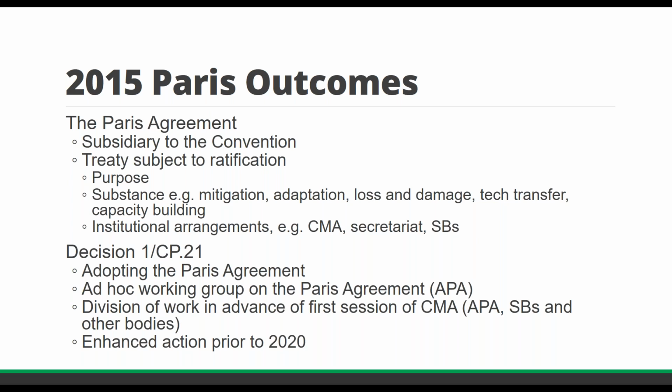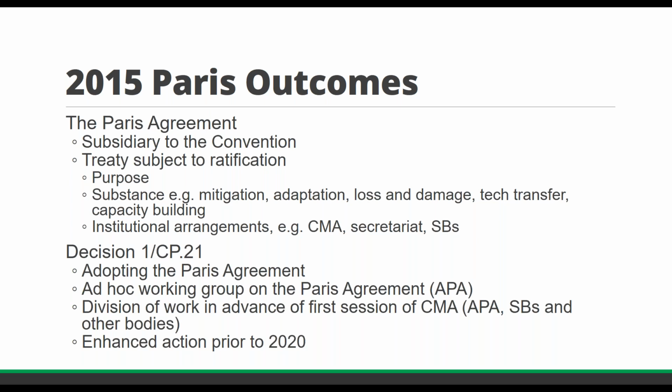It was a treaty subject to ratification, and the agreement included a purpose section, which the women and gender constituency engaged in quite heavily. We had, as listed here, the purpose and/or the preamble. We really focused on trying to integrate gender equality language and human rights language across the substance of the text, which is really the operational piece of the text.